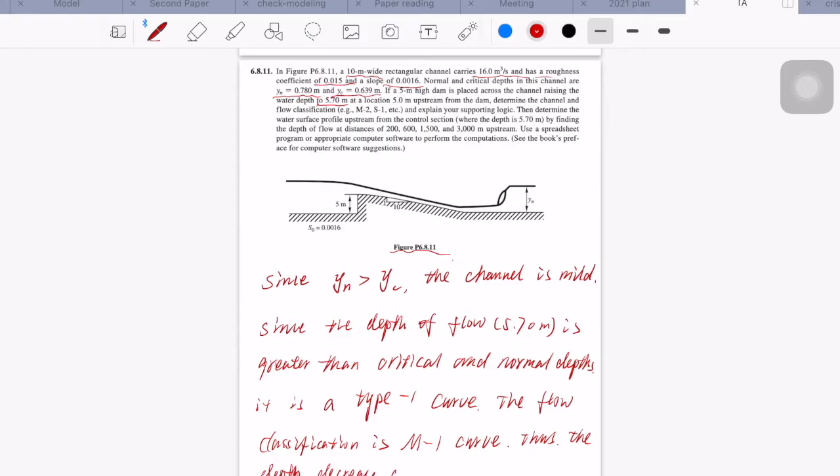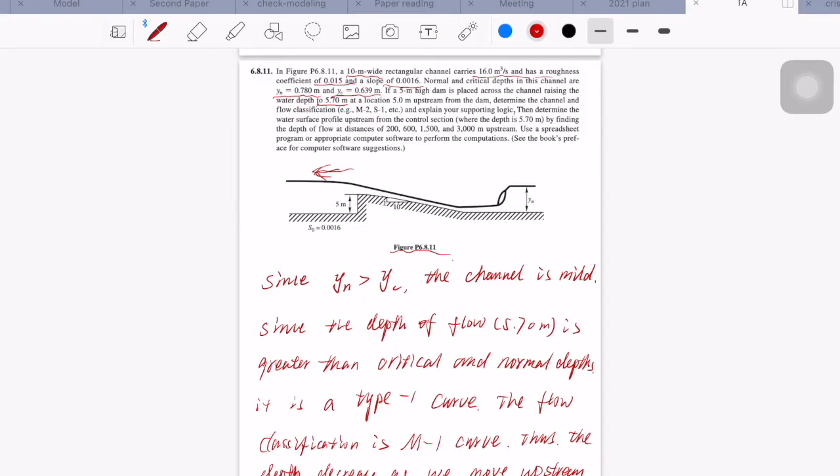So the water depth will decrease as we move upstream.